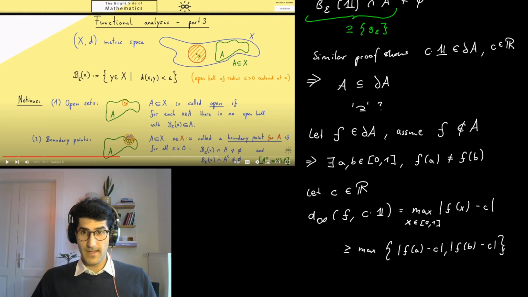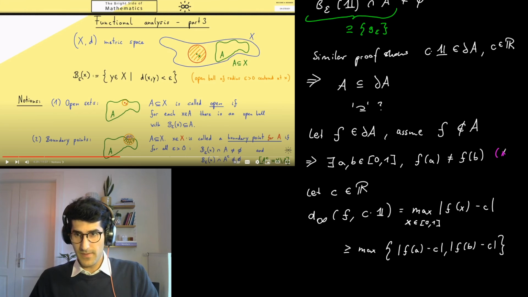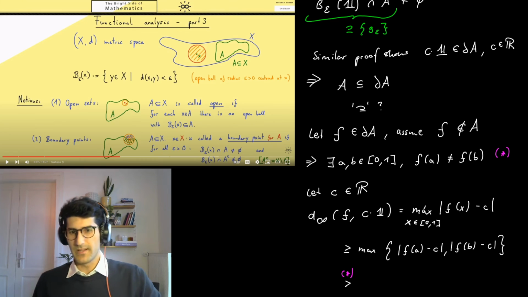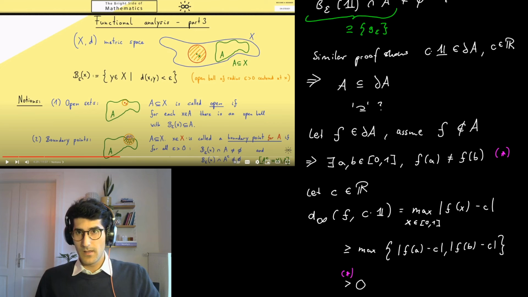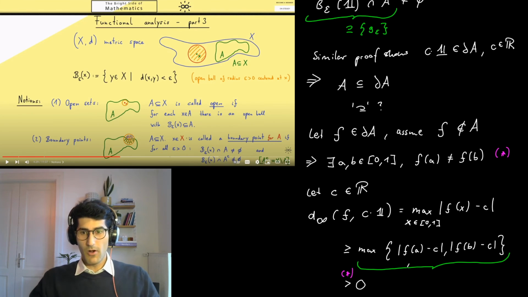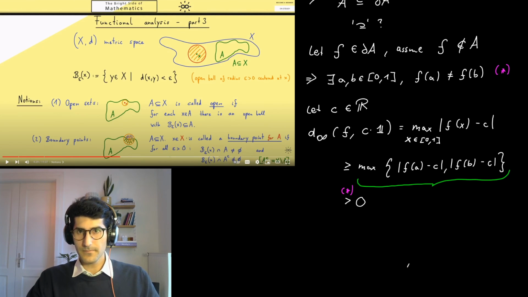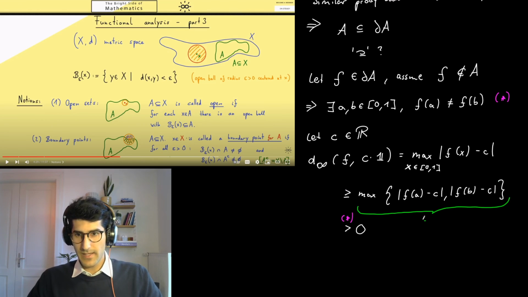And of course, because f of a is not equal to f of b, I get that this maximum, while it may be smaller than the maximum over all function values, is still strictly greater than 0. So now look at what I'm doing. Now I take this number here, from which I already know is greater than 0, and just say, you will be my epsilon.